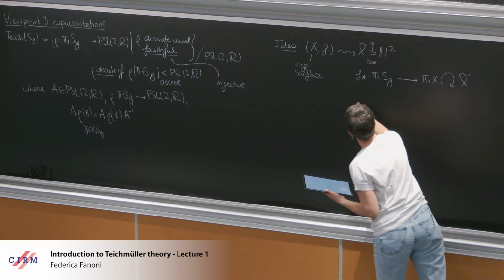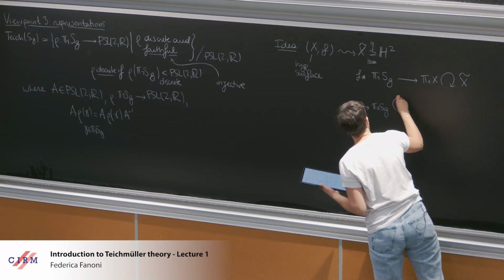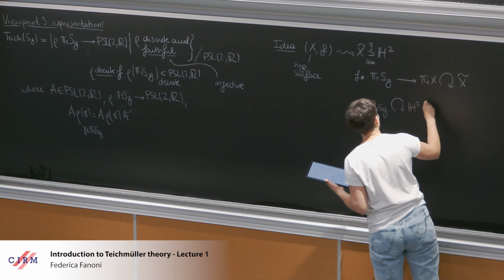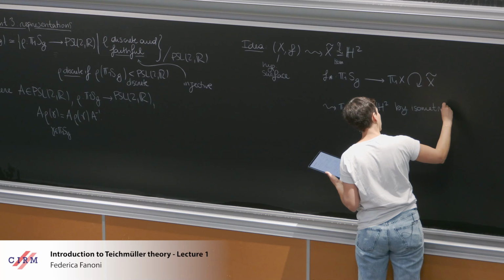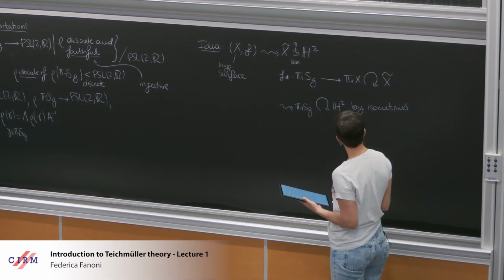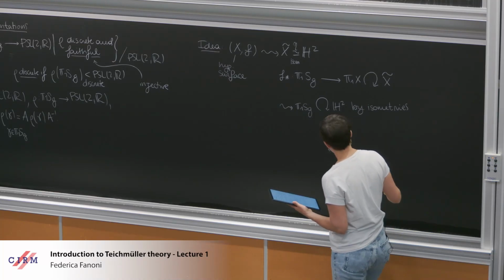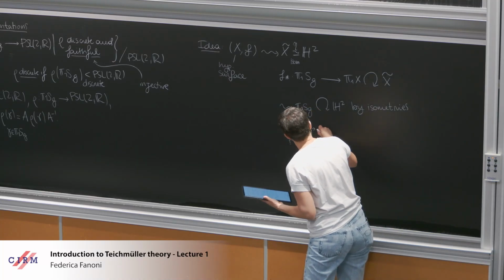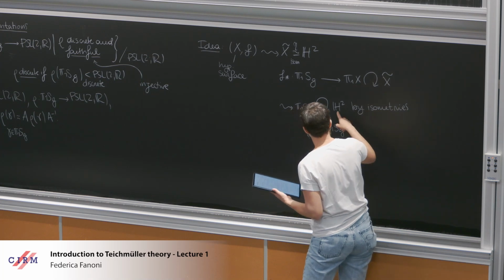So through this identification, I get an action of this one on H2 by isometries, which is going to be without fixed points, and it's going to be a discrete action. And so I can identify this one with a group of isometries.